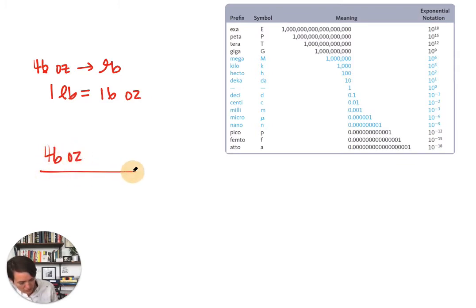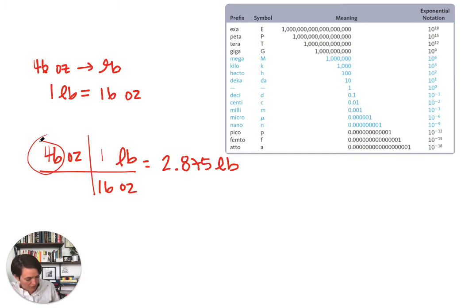We are starting simple. I need ounces to cancel out, so I want my ounces in the denominator. I want pounds in the numerator, so 16 ounces, 1 pound. 46 divided by 16 is equal to 2.875 pounds. Rounding that to two significant figures would be 2.9 pounds.